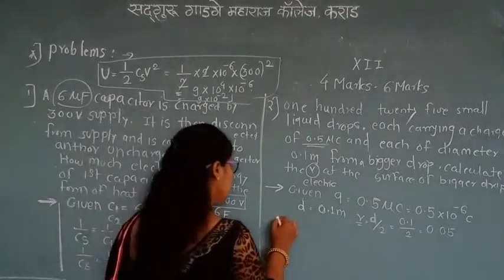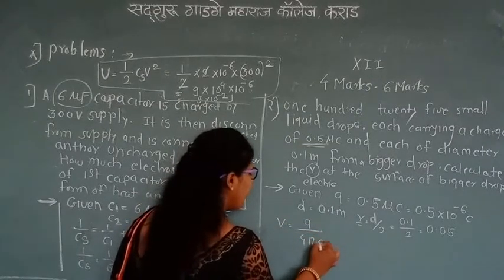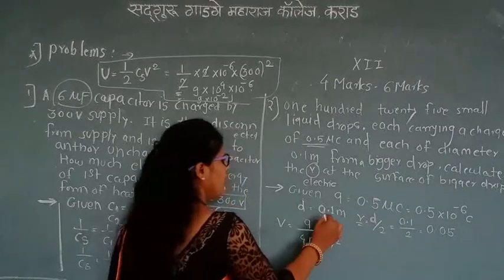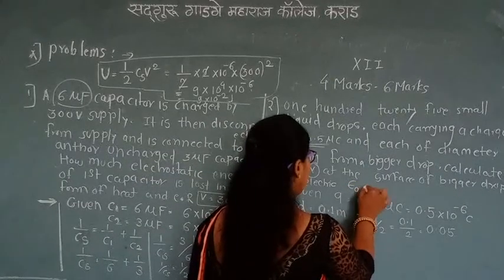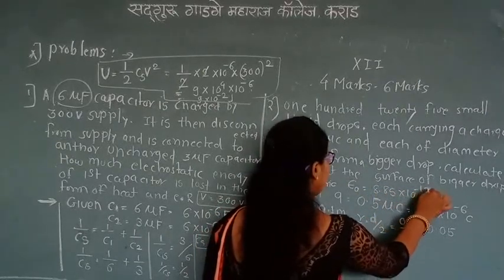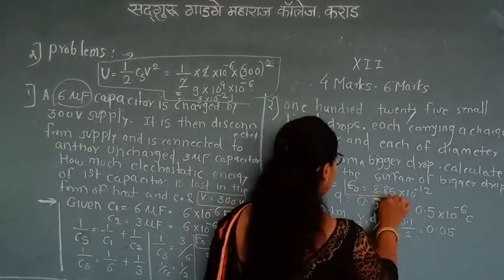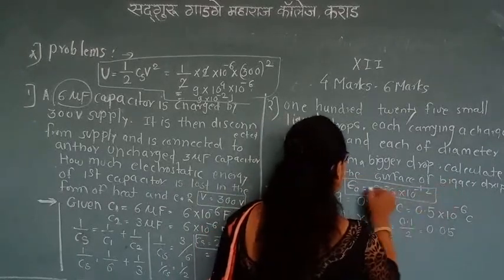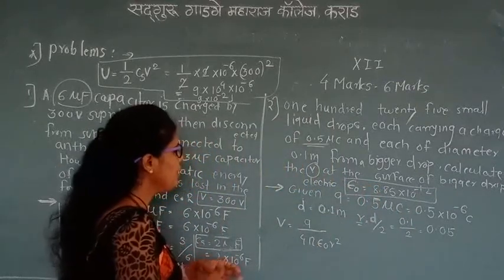We use the formula V is equal to Q upon 4 pi epsilon R square. The epsilon naught value we also have to remember: 8.85 into 10 raised to minus 12. This value is not given in the exam, so remember it. Epsilon naught is equal to 8.85 into 10 raised to minus 12.